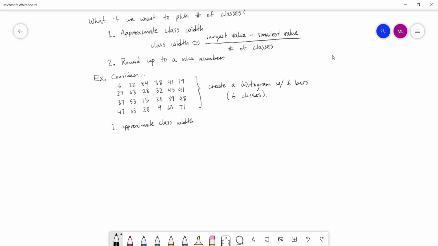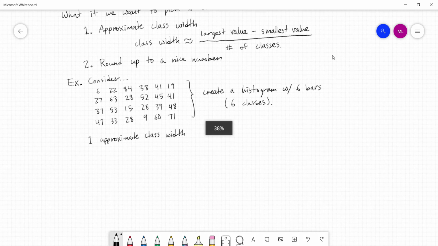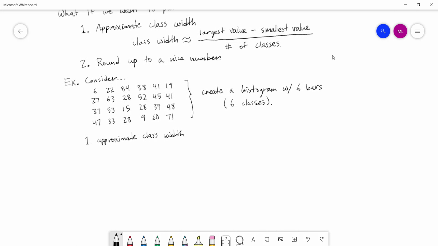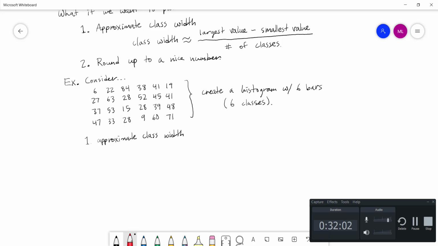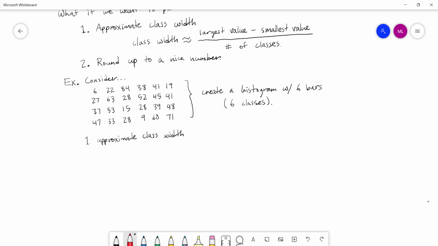The approximate class width is that formula right above, which says I need to take the largest value minus the smallest value. If I search through it, this is my largest value, and my smallest value is right here. Easy enough to spot.